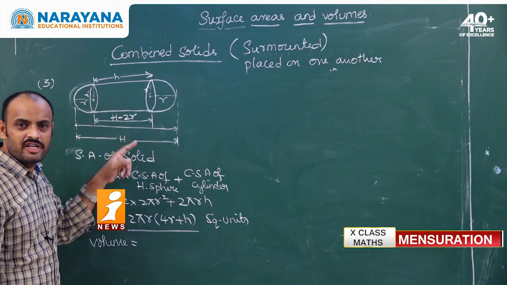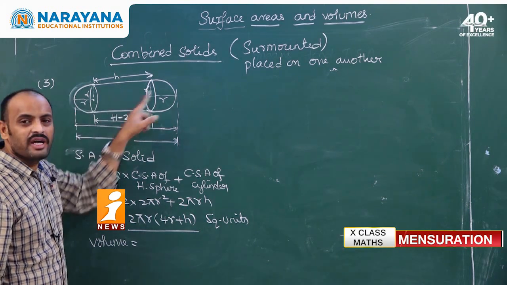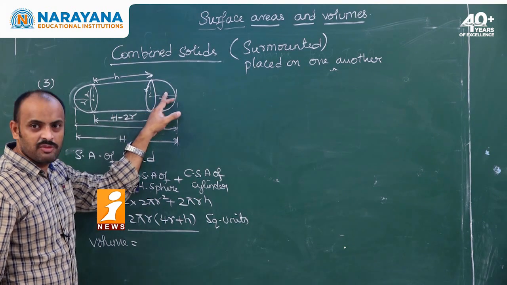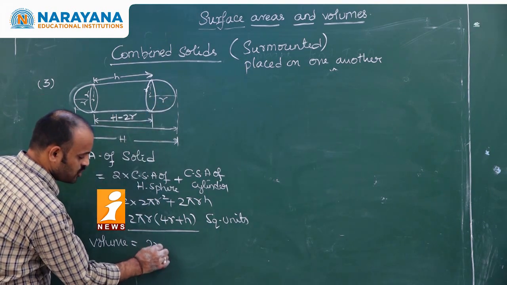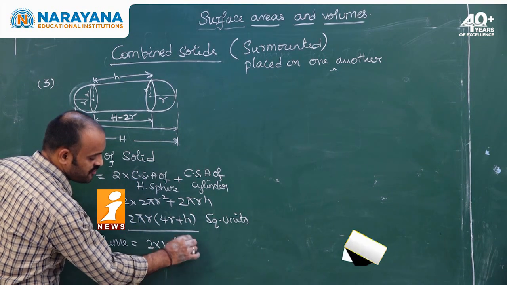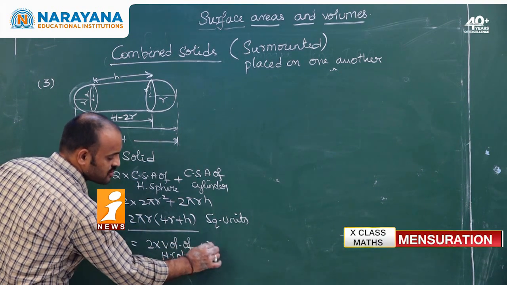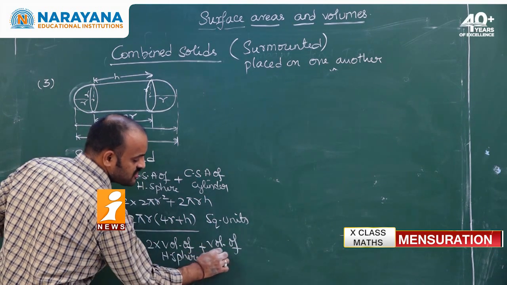The volume of the combined solid is, the volume of each figure should be added. Volume of hemisphere plus volume of cylinder plus volume of hemisphere. So 2 times the volume of hemisphere plus volume of cylinder.